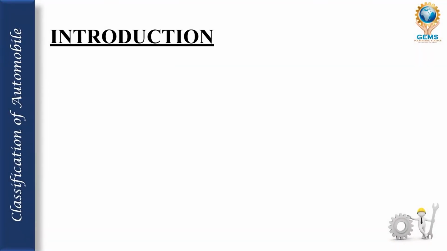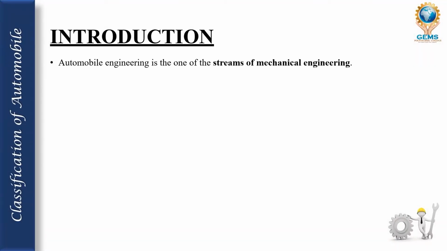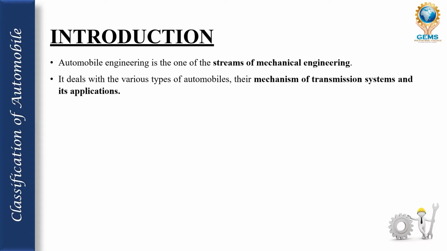Introduction. The first point is automobile engineering is one of the streams of mechanical engineering. If you see it in a proper way, the automobile is a stream of mechanical engineering. In automobile engineering, so many transmission systems are there.